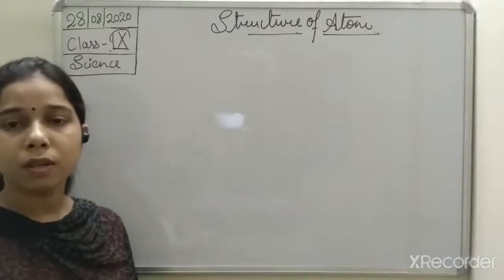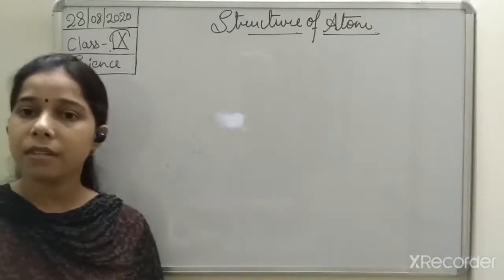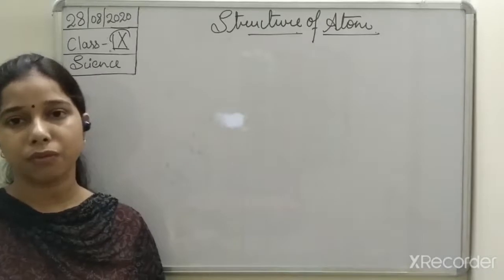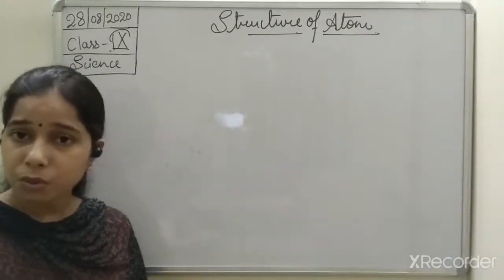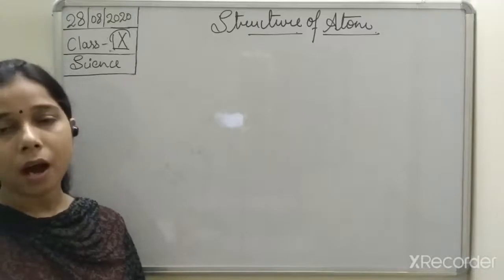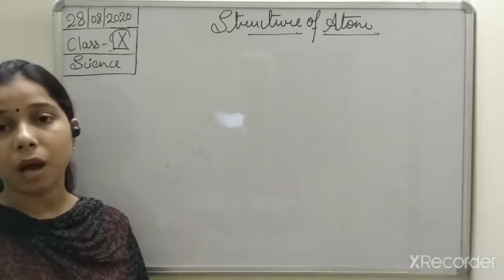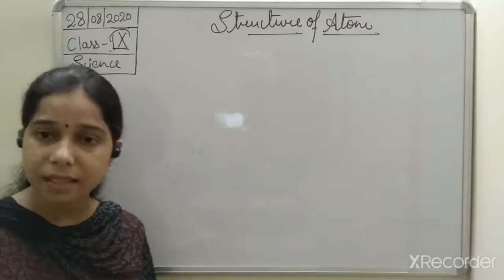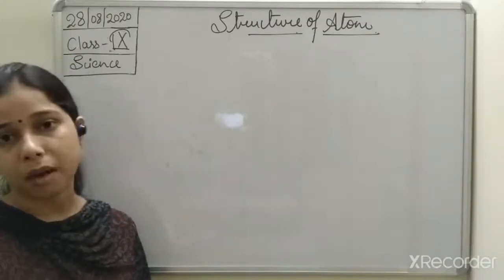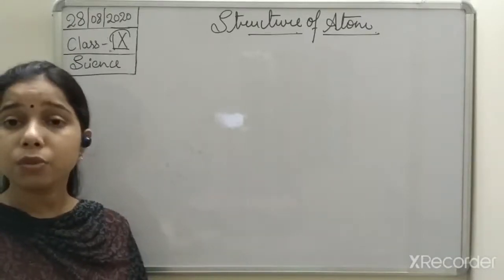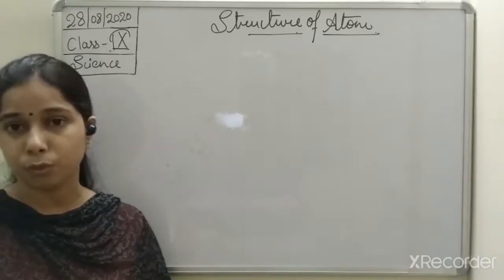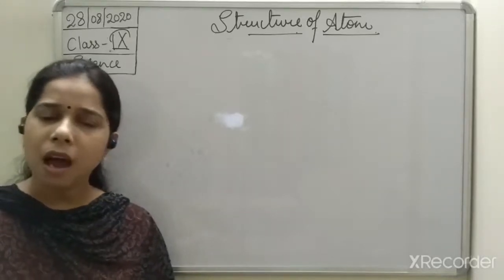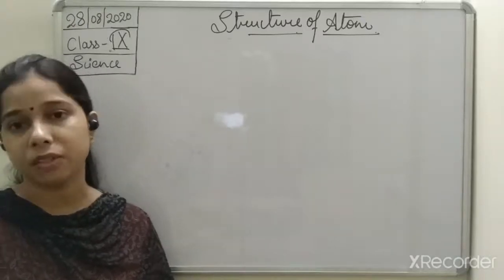Hello students. In the previous class we were talking about isotopes, and we discussed what isotopes are: elements having the same atomic number but different mass number. There are a lot of elements which have isotopes, and we discussed how isotopes differ from each other.